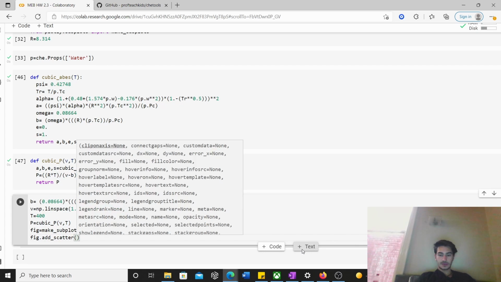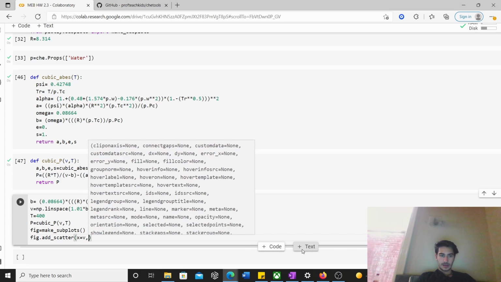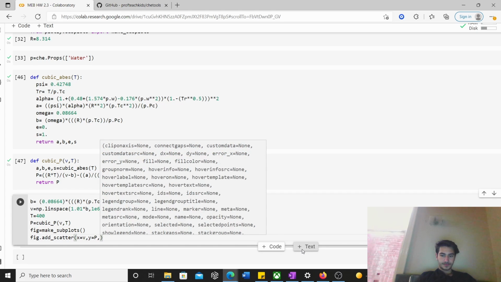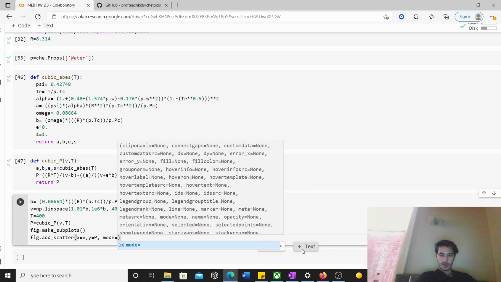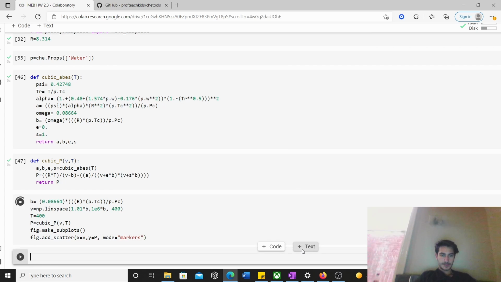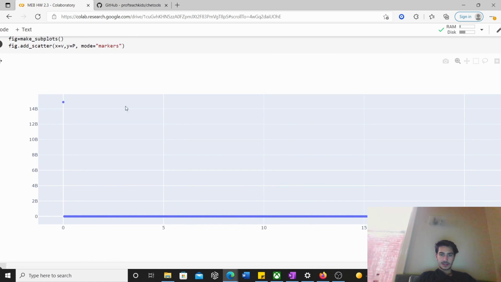And we put our x and y value. So our x value is going to be our volume, and our y value is going to be our pressure. And then our mode, we're just going to use markers for now. Markers. Shift enter, and we get this horrendous looking graph, right?